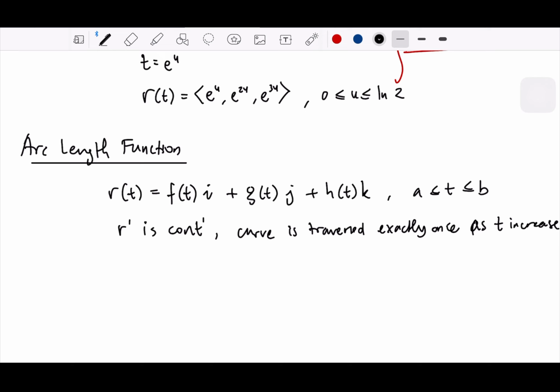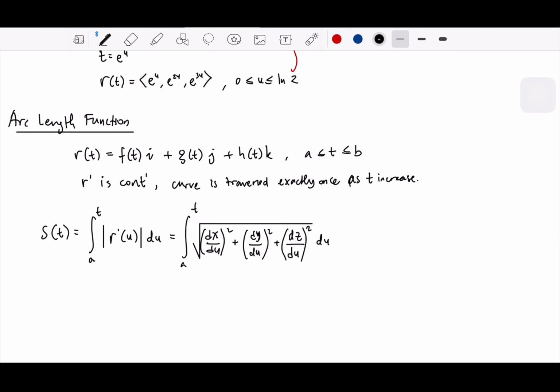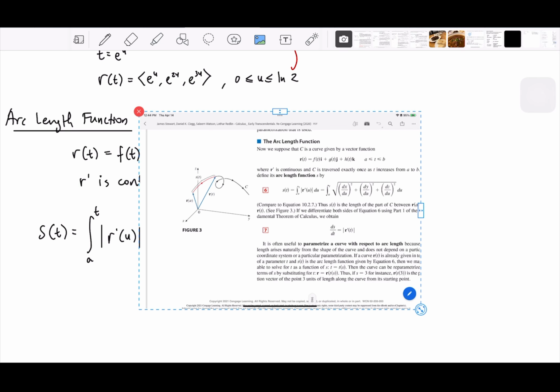We define the arc length function as s of t. And let me just put the graph.